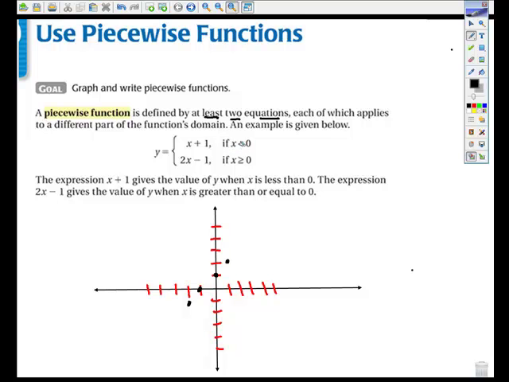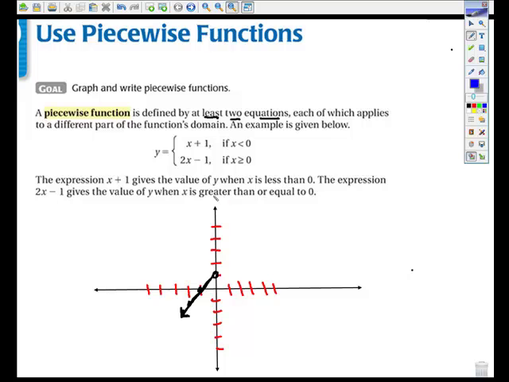Remember, when we're graphing these, if it's less than 0, it doesn't include the equality. So here I really need to put an open circle, and it is a ray going down because it's less than 0.